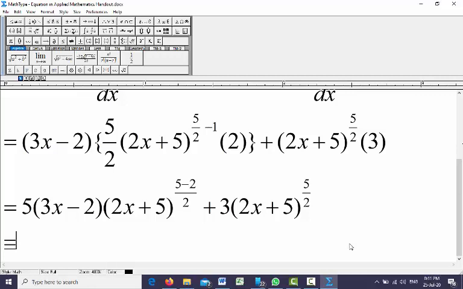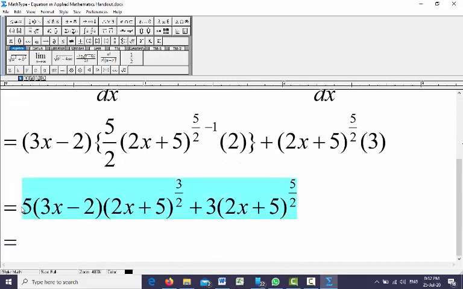Now we will simplify a little. Here 5 minus 2 divided by 2 is equal to 3 by 2, because 5 minus 2 is equal to 3, right, into this one.